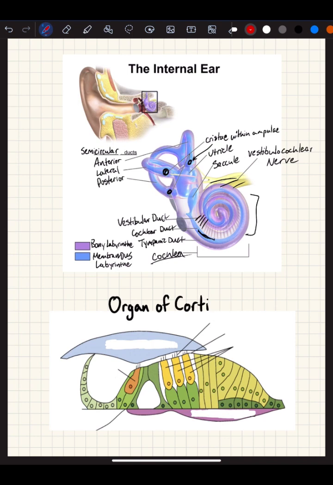So you've got the tectorial membrane at the top of the organ of Corti, and this extension right here is going to be your inner hair cell. As you can see, it's contained within the matrix. And then these little bundles right here are going to be hair bundles.